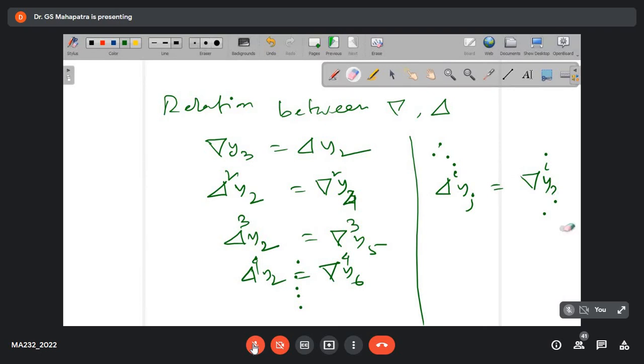You can easily prove the relation, the proof is very simple. This is true for all i, j. So del i yj equals nabla i y(i plus j). This is the relation between the forward and backward differences.